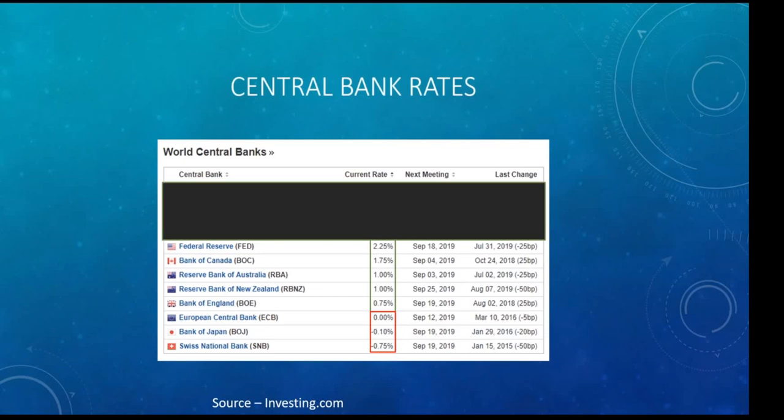Okay, now the reason why this is so important is because what I like to look at as a currency trader is I try to think about what currencies right now are used as funding currencies in the market.